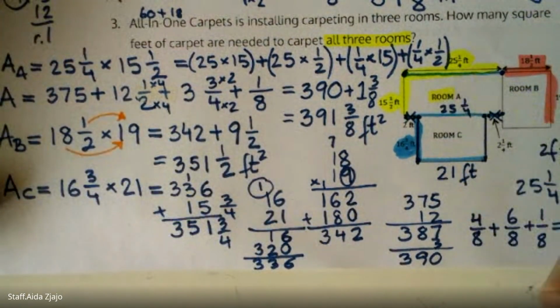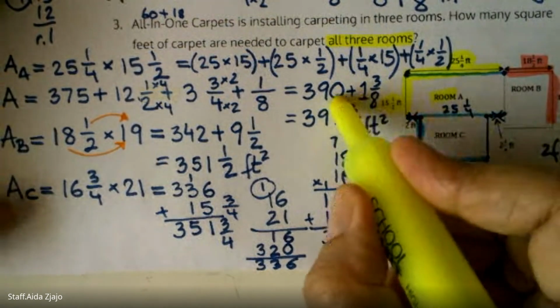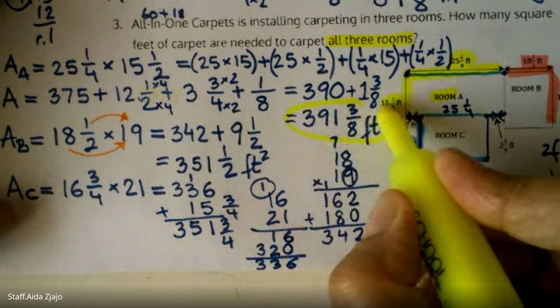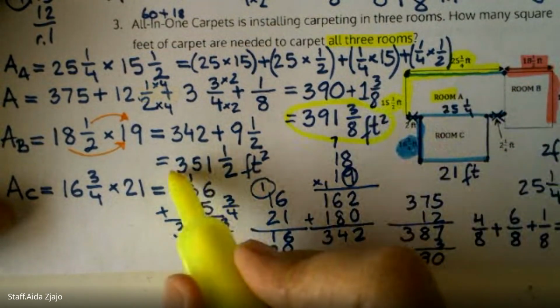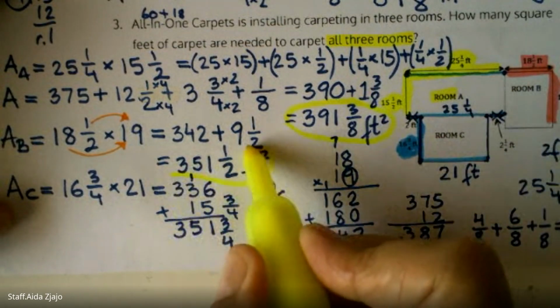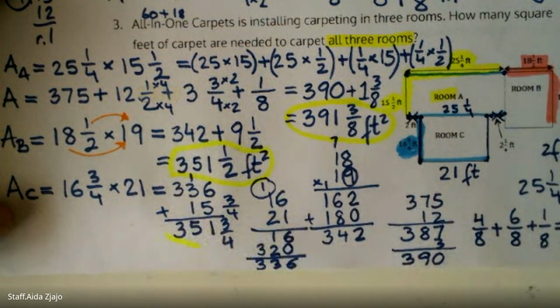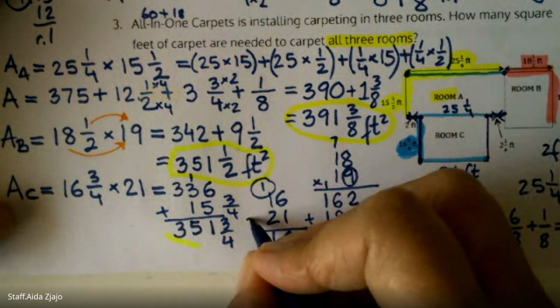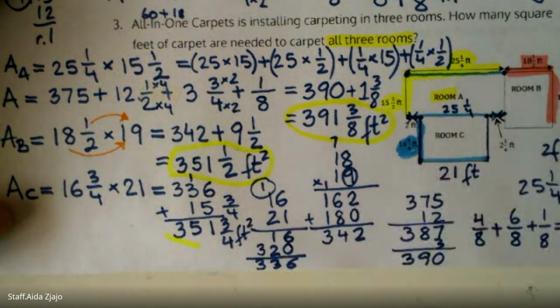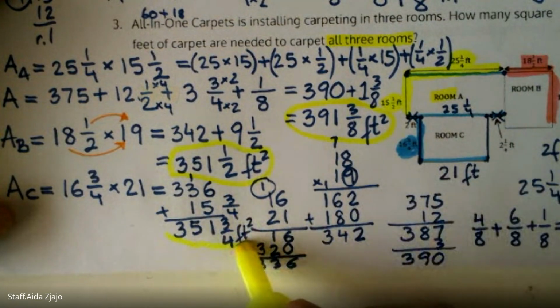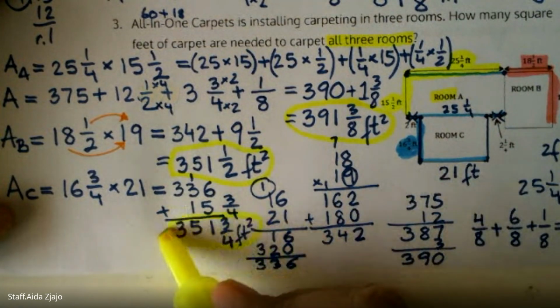So now I needed to figure out which one was which. So this was A. This was B. And then this one is also square feet.